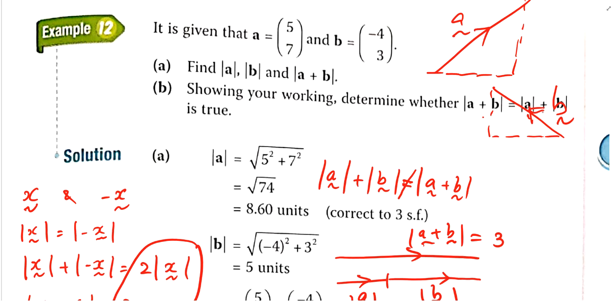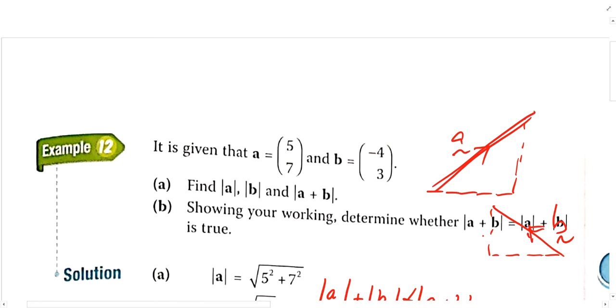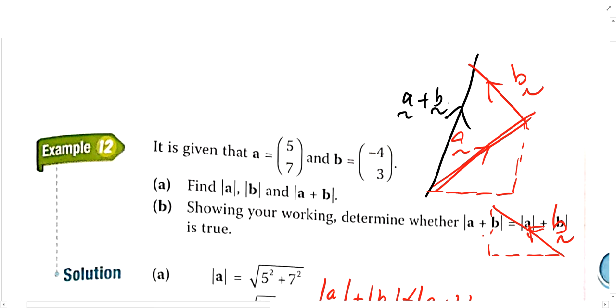Rather, what A plus B looks like is this. This is A, this is B. So the magnitude of A plus B will be the magnitude of this line. And obviously, the magnitude of A plus B cannot be the sum of the individual magnitudes of A and B. It has to be shorter, as clearly shown in this triangle.